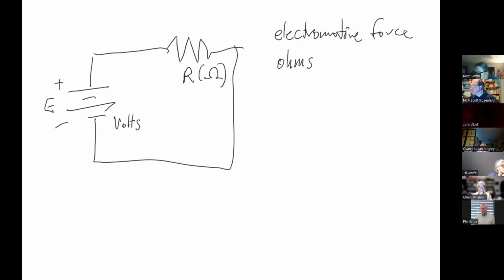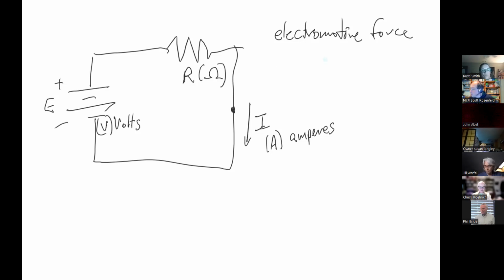The little symbol is the little letter omega. And the movement of current is I, and it's measured in amps, short for amperes. And this comes from French. This is impulse, but really it's current. It's the movement of electrons past a certain point on a wire or in space or anywhere.